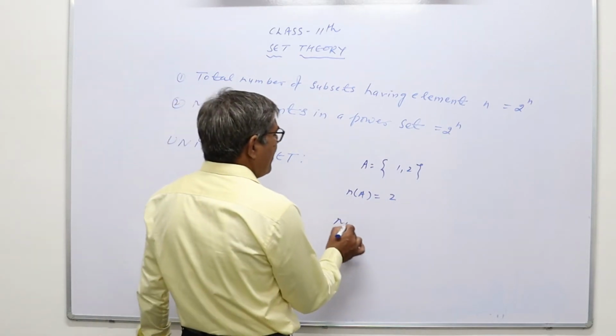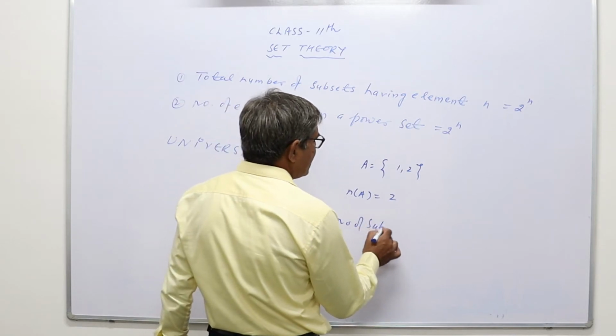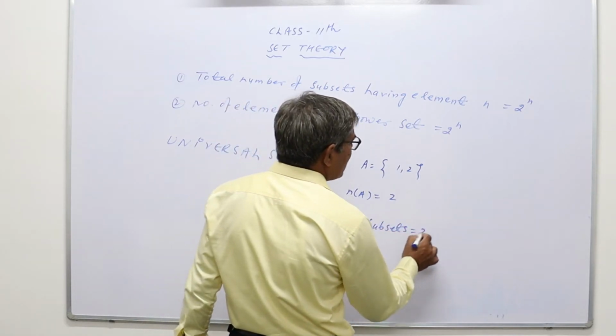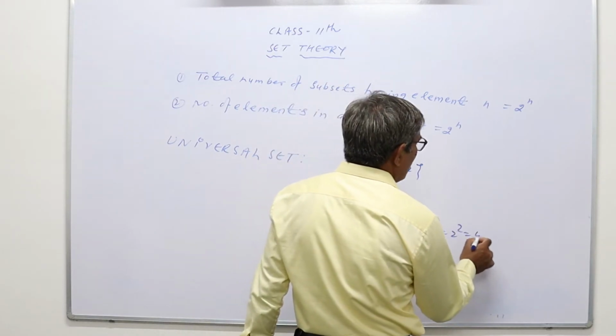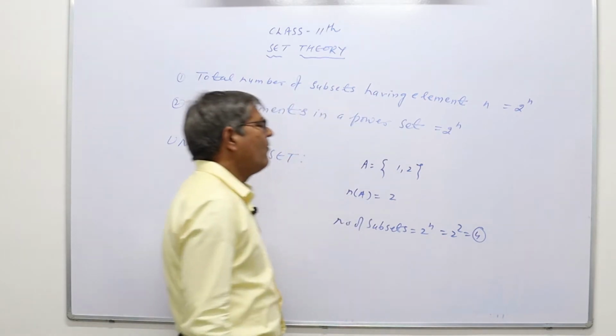Then the total number of subsets will be 2 raised to the power n, that is 2 raised to the power 2, which is 4.